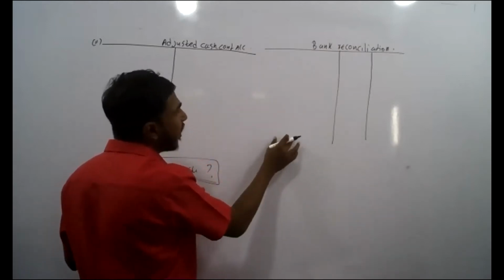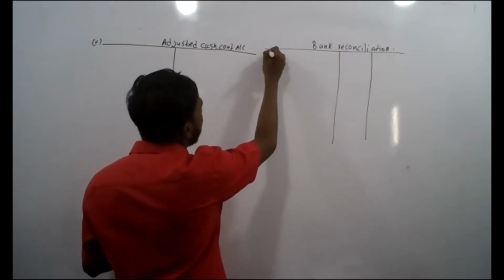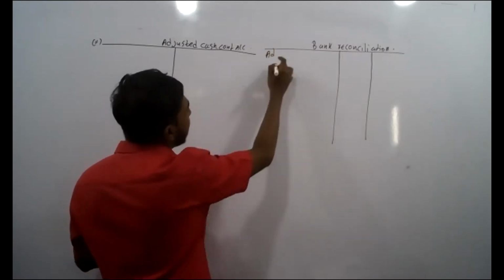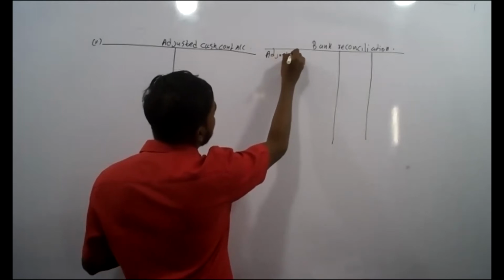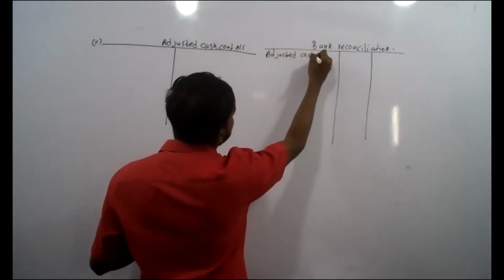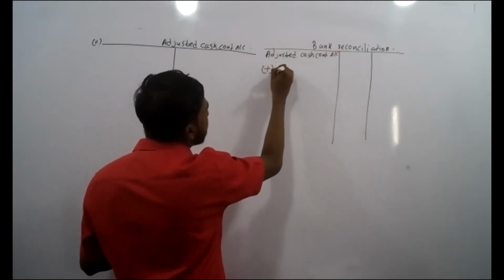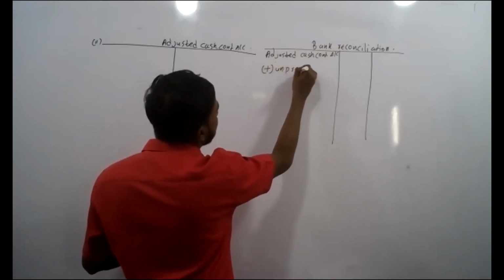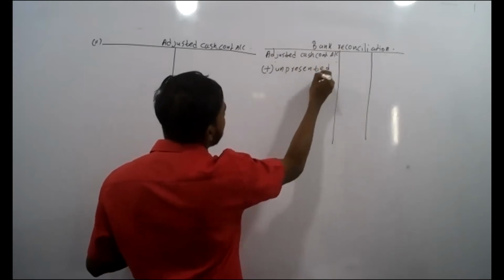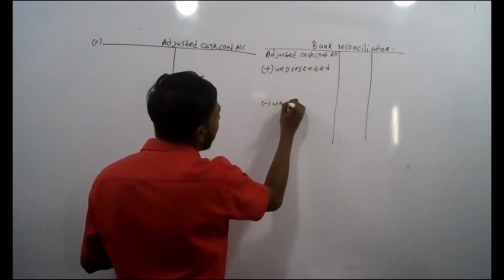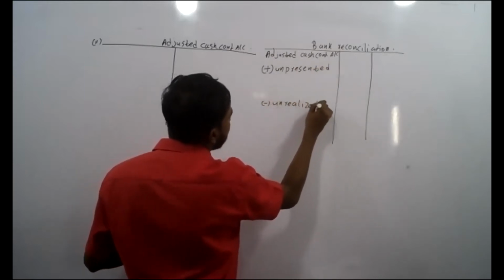How do you take the bank statement balance from reconciliation? You take the adjusted cash control account balance. Then you plus what? Unpresented checks. Then you subtract the unrealized checks.